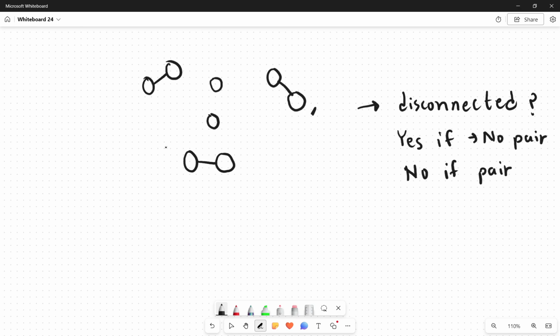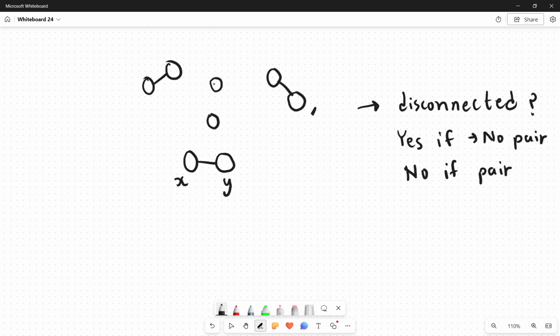So let us see. We will consider this thing and make it the base of our graph. What I mean by the base here is that I will name this x, this y.